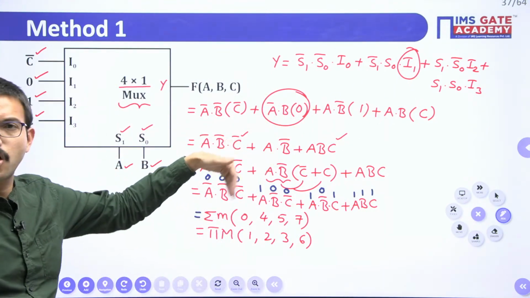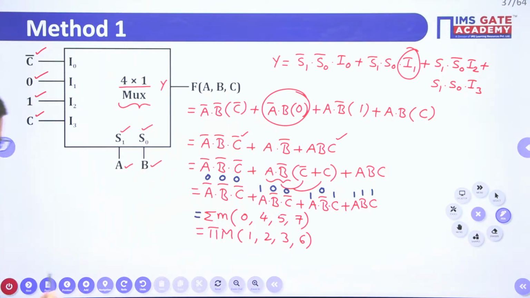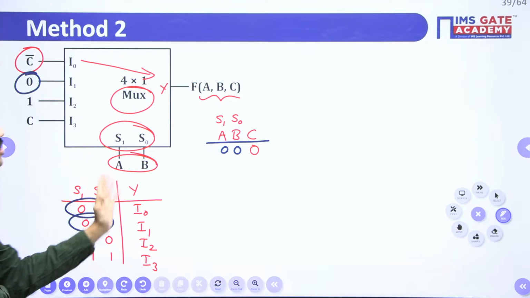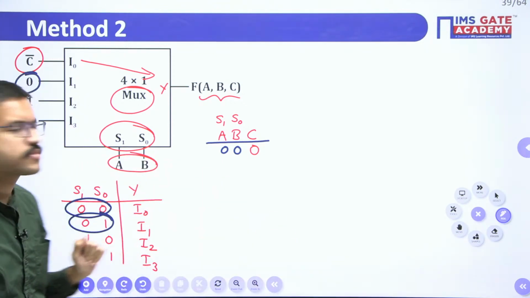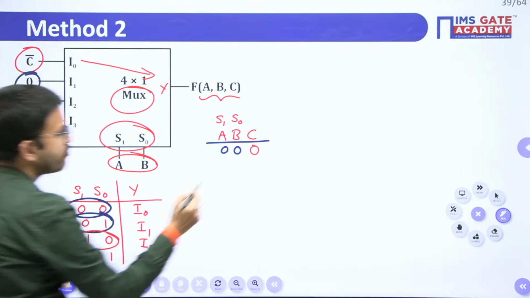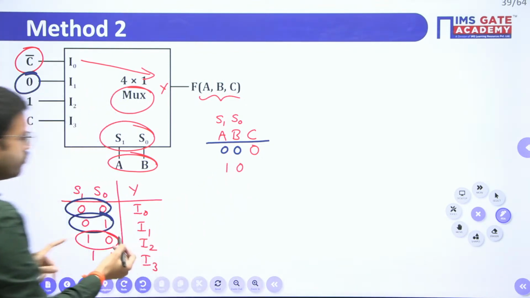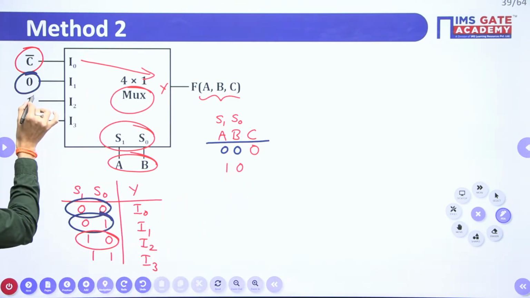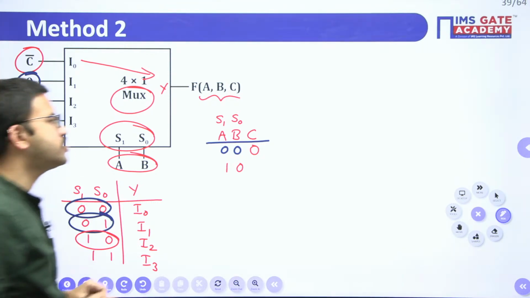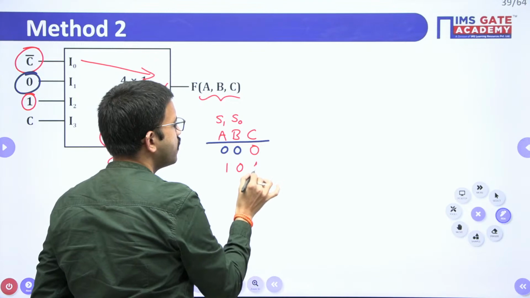So that combination we need not consider. Whenever the input is 0, that particular selection combination you need not consider. Next, the 1-0 case. In the 1-0 case, I2 will be connected. Here the I2 value is 1. In general, what students will do in the exam, they will consider the C value 1.